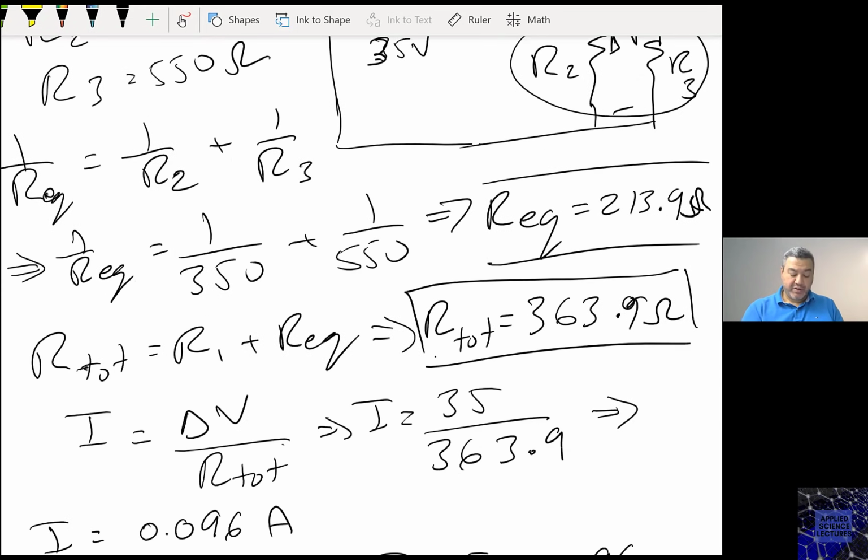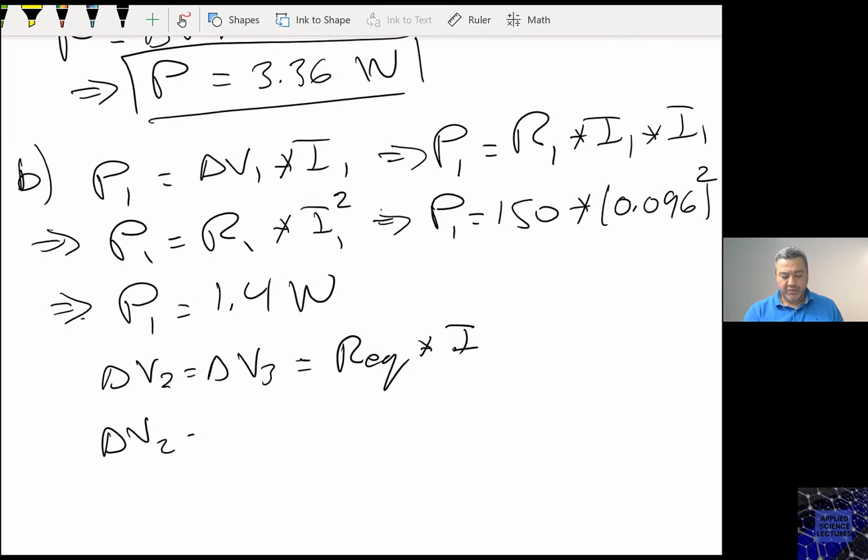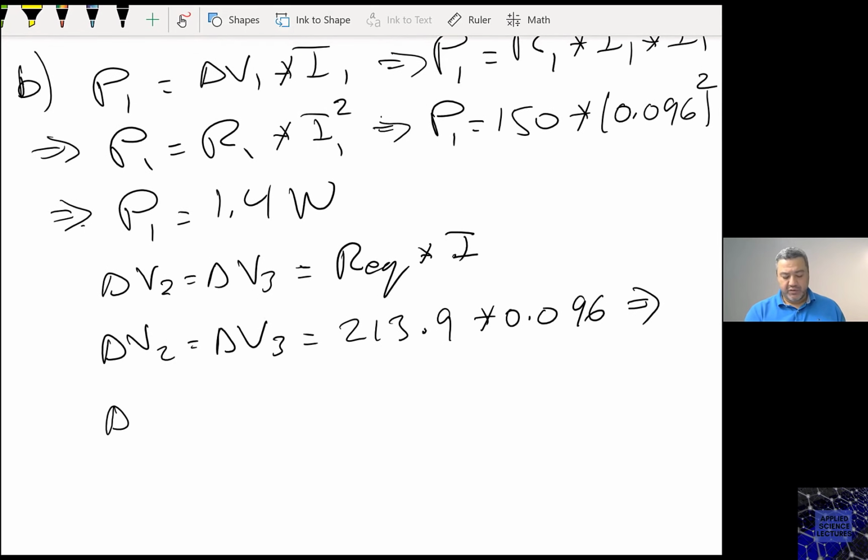So delta V2, which also equals delta V3, equals R equivalent times I, which is 213.9 times 0.096, and delta V2 equals delta V3 equals 20.53 volts.